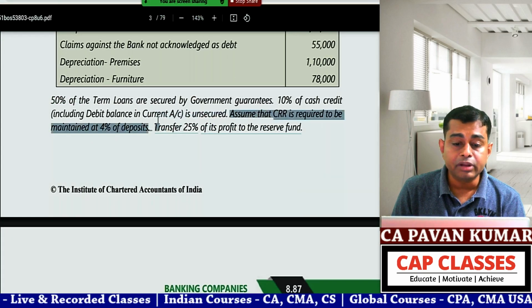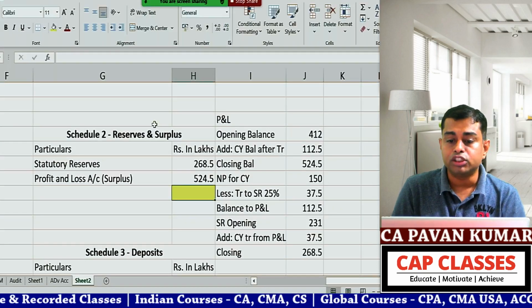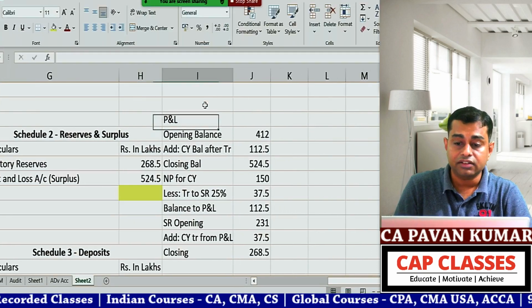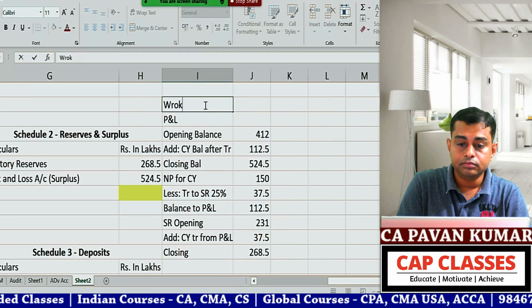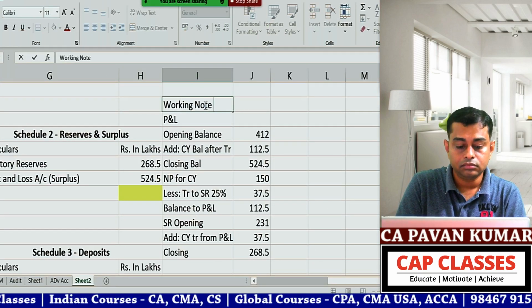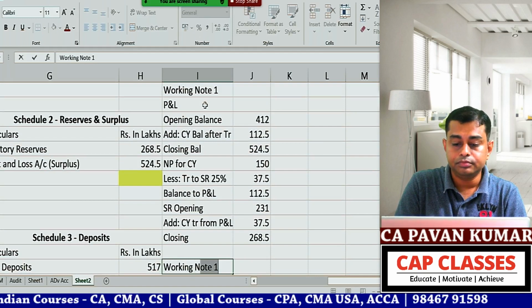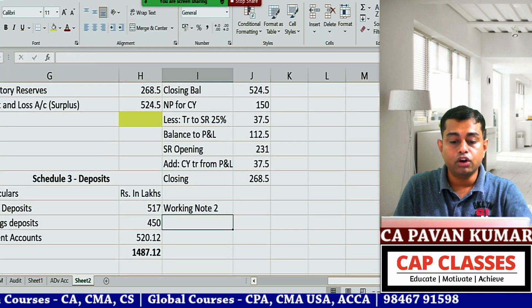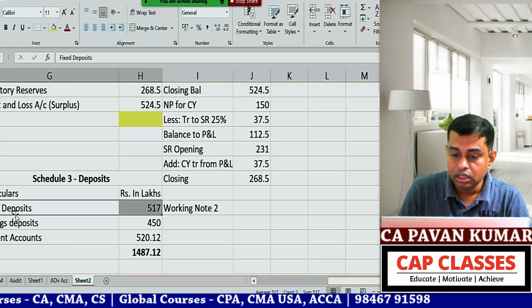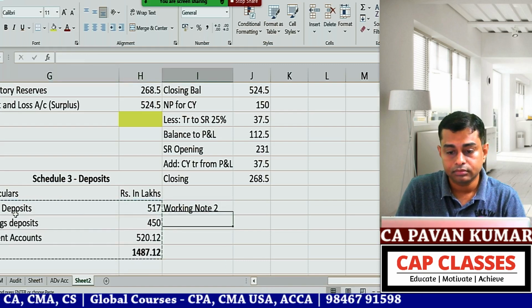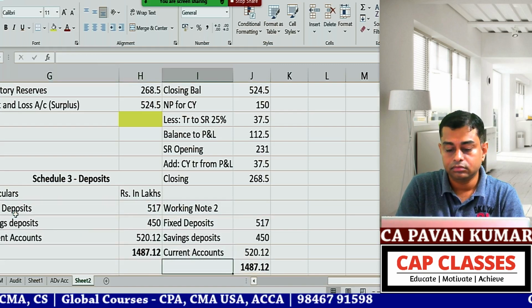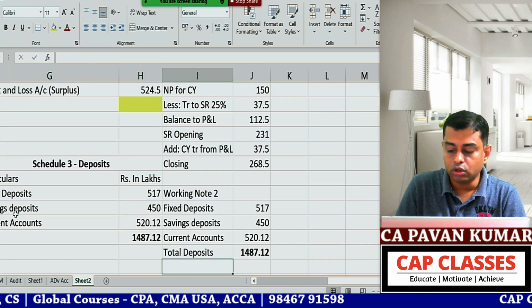Assume CRR is to be required at 4% on deposits. So this is our working note 1. And now we'll write working note 2. In working note 2, take total deposits.